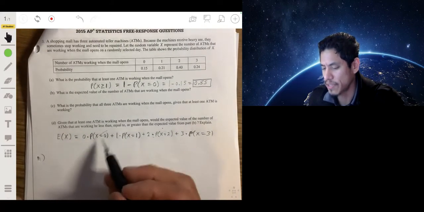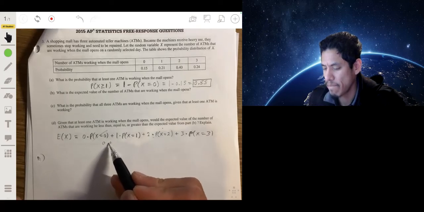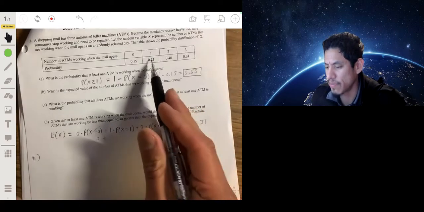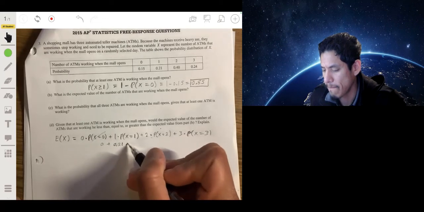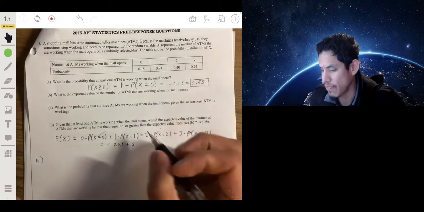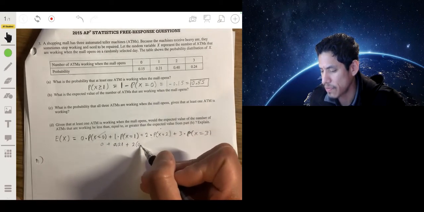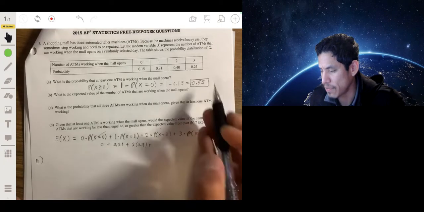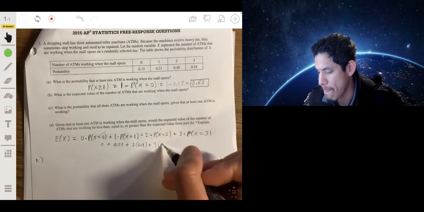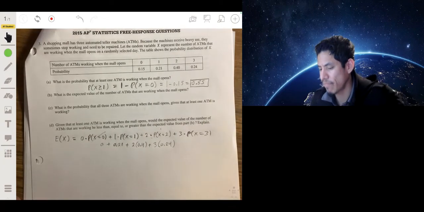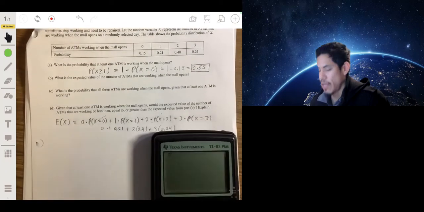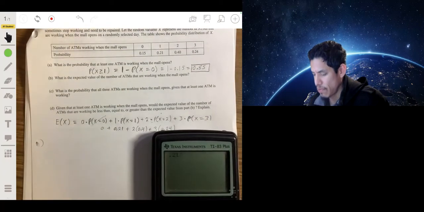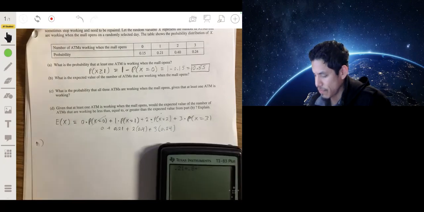The first term doesn't matter because that's going to be 0. The probability x is 1 is 0.21, so 1 times 0.21 is just 0.21, plus 2 times 0.4, plus 3 times 0.24. You can use your calculator on the entire exam, so 0.21 plus 0.8 plus 3 times 0.24 is 1.73.